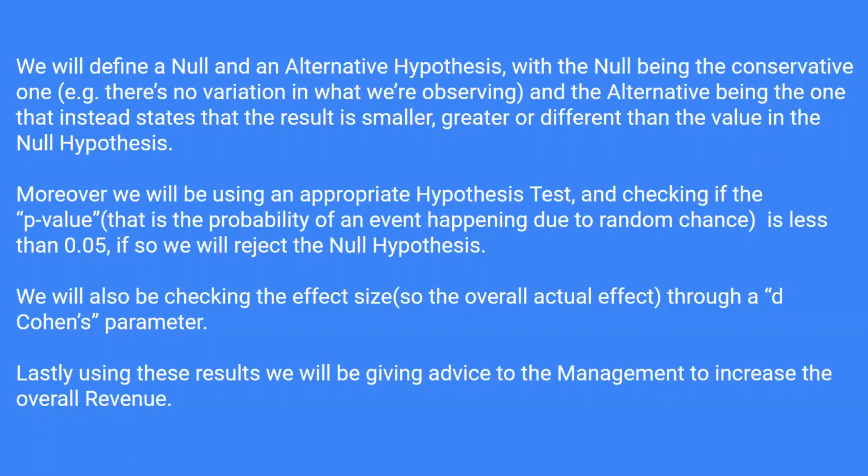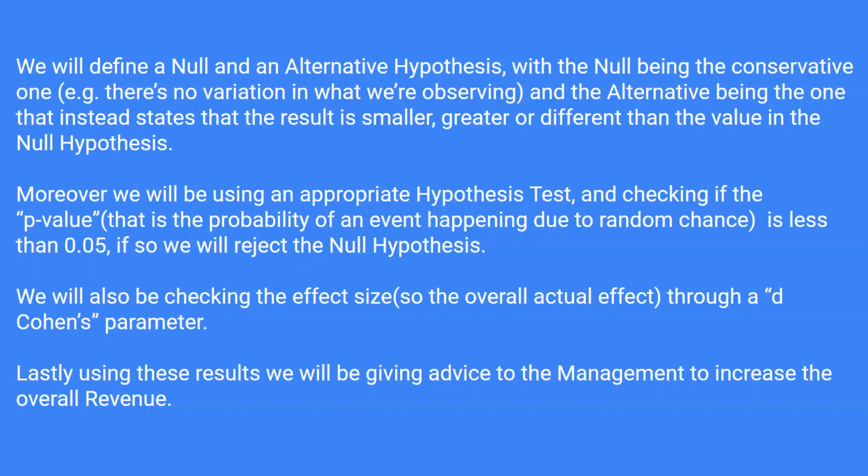We're going to also talk about a coherence parameter. This coherence parameter is used to understand the actual effect size, so that in this case, we're not just going to speak about whether there is a statistical difference between two groups, but how big this difference is.